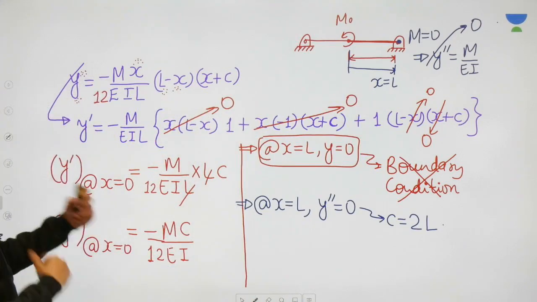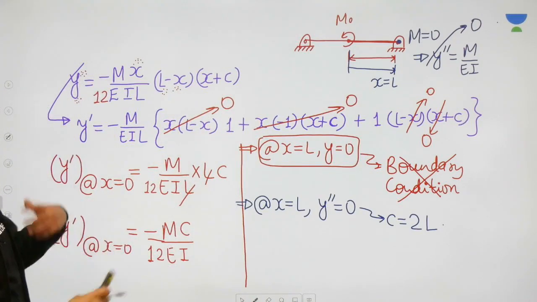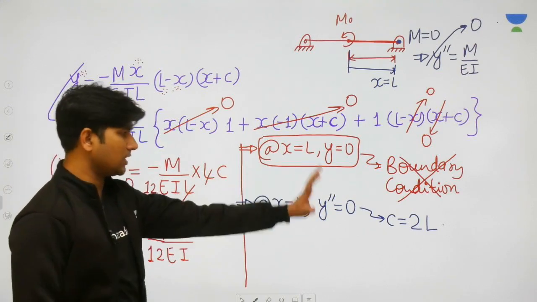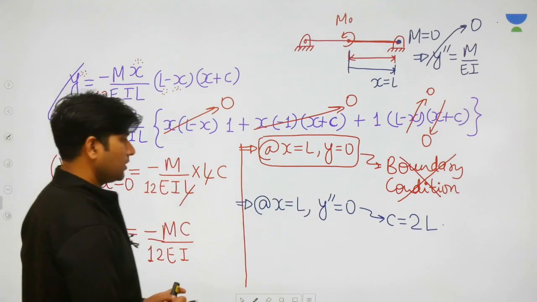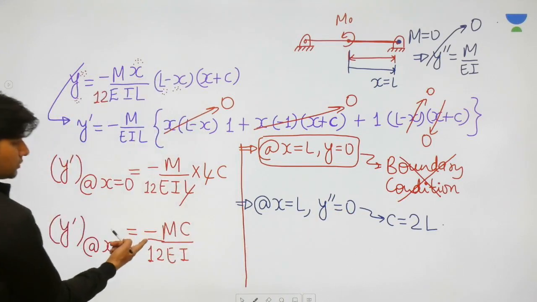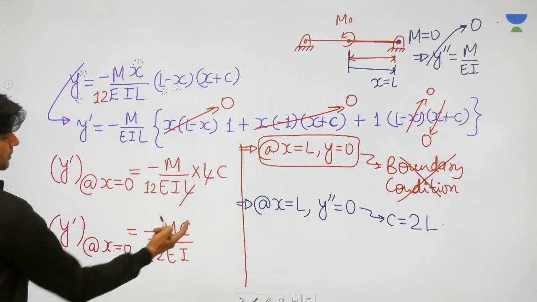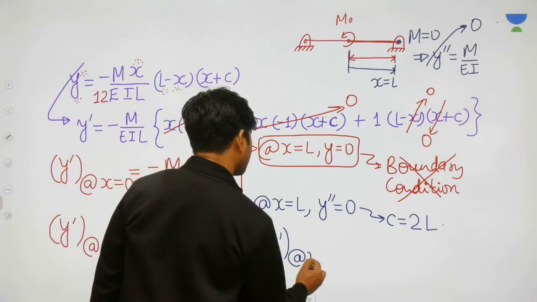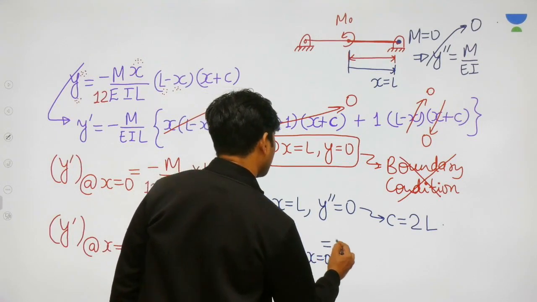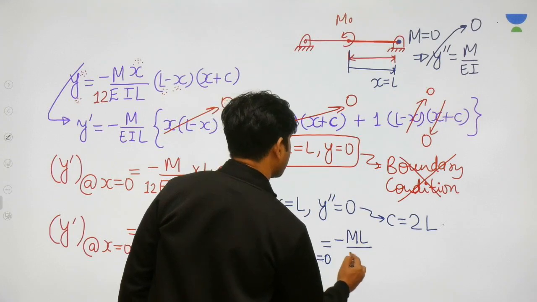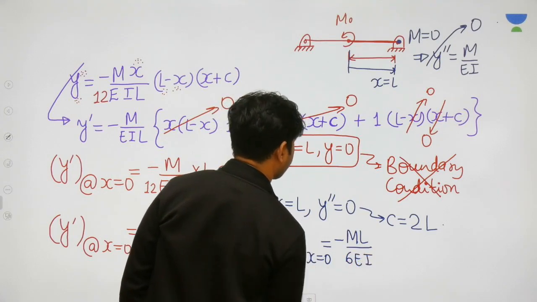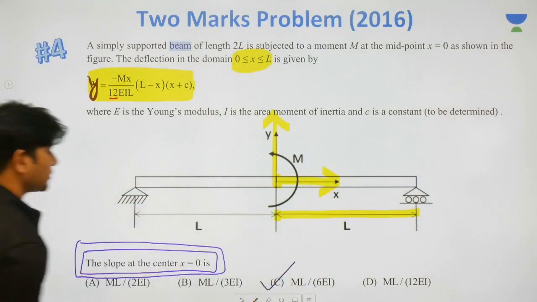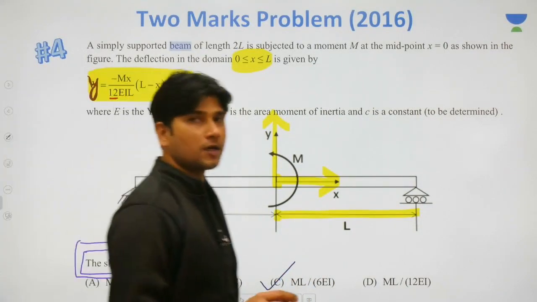I'm not elaborating it or expanding it. I'm just telling you that you'll get the C value equal to 2L. If you put 2L back here, then you'll get y dash value at x is equal to 0 as ml by 6EI, which is the third option, and which is the correct one.